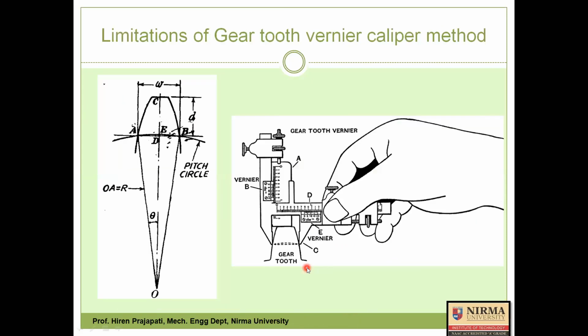But in the constant chord method, D, the depth of constant chord, is only a function of M. Again, if you take two gears with the same module but different numbers of teeth, the value of D is the same for both, because constant chord depth and constant chord thickness are both independent of the number of teeth on the gear wheel.